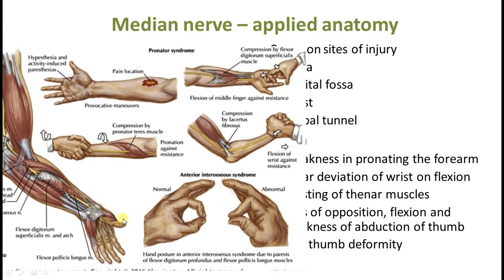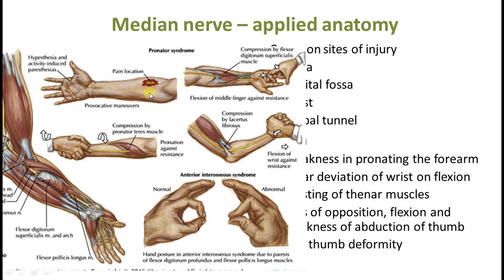So here you are able to see the various tests performed to test the integrity of the median nerve. The most common one is the pronator teres syndrome in the forearm, when the nerve is actually compressed between the two heads of the pronator teres. Okay. So you have hyperesthesia and activity induced paresthesia.